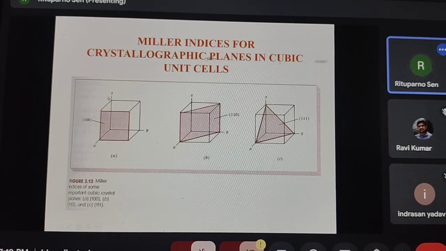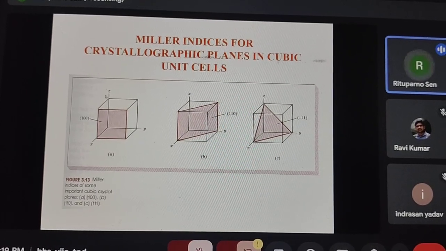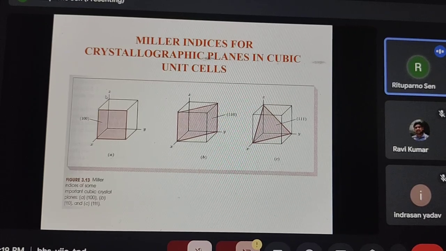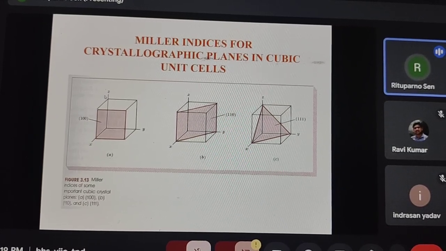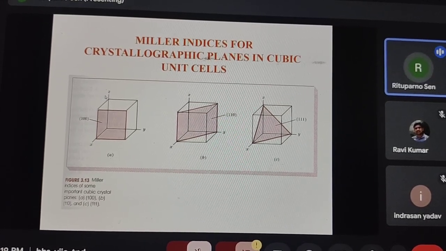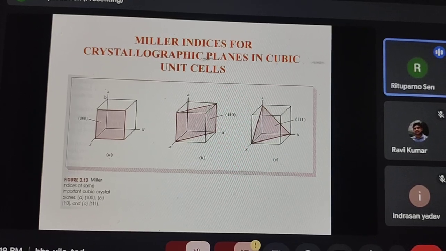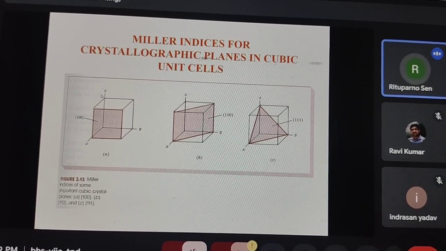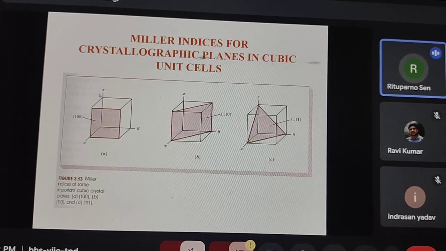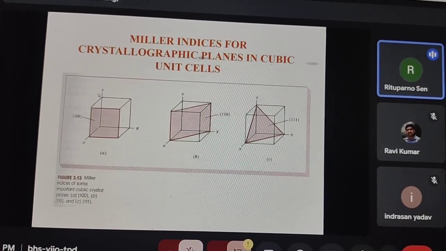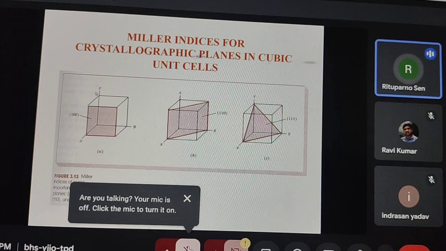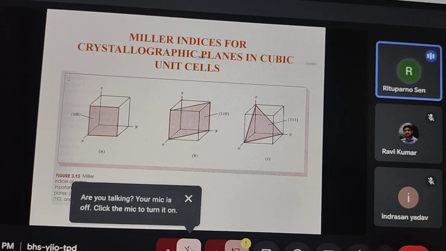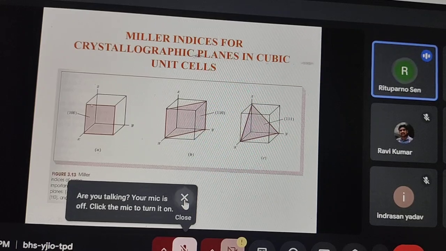That means the plane is not touching your y-axis or your z-axis. That particular plane, 100, has an intercept only on the x-axis, to the tune of 1 unit length, but it is parallel to the y-axis and parallel to the z-axis. That's why it is the 100 plane.